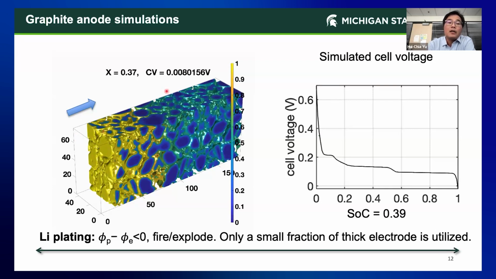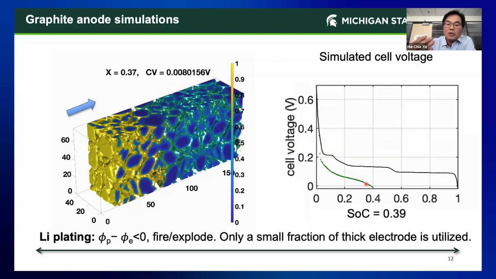But if you look at this entire anode, right, you probably only use the first 1/3 of it. And the back of the electrode, you pretty much are not using under a high charge rate. And here is just the simulated cell voltage. As lithium is inserted into the graphite, your cell voltage starts to decrease until it reaches a negative value.